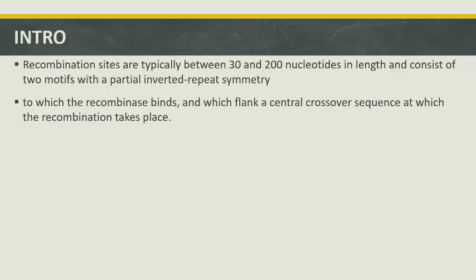And they contain two special motifs which have an inverted repeat symmetry. So in one strand, the sequence will be say ATGA or something like that, and on the other we have the same sequence inverted. These are the sites to which the recombinase binds, and they flank a central crossover sequence at which the recombination takes place.